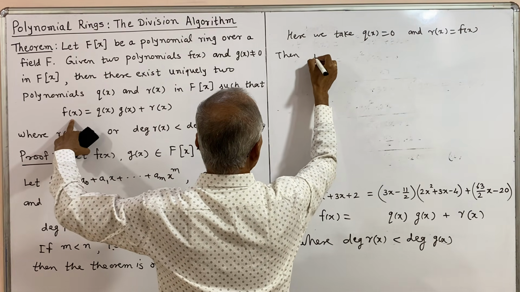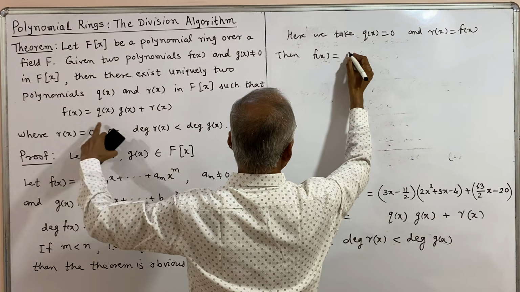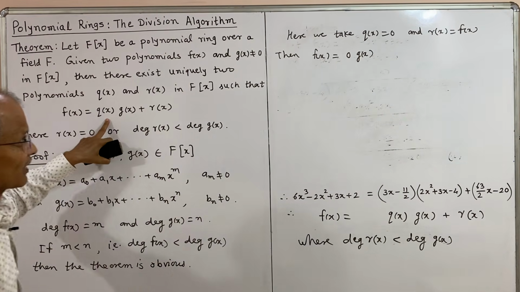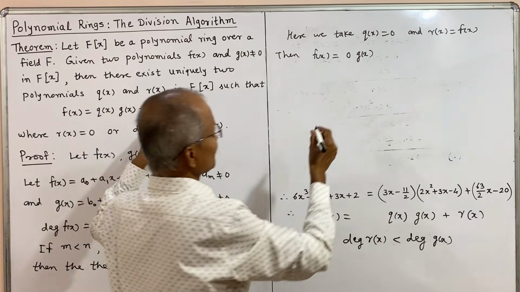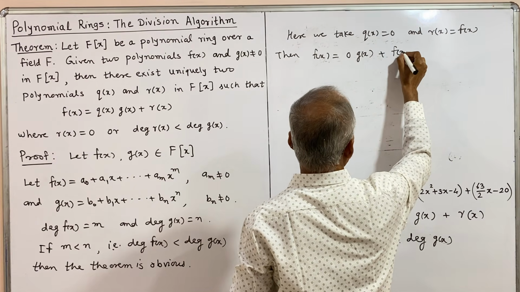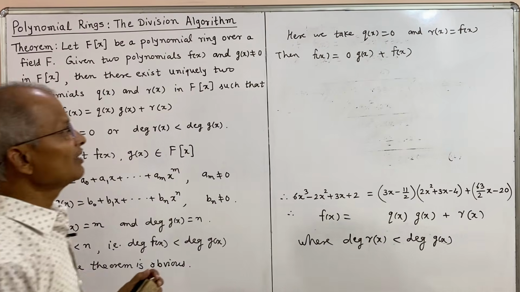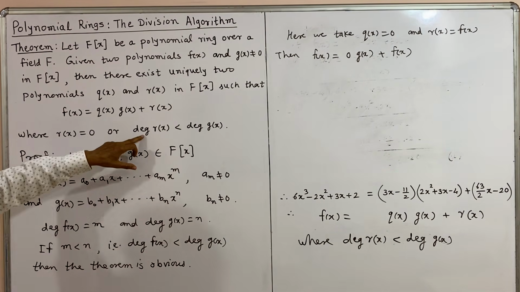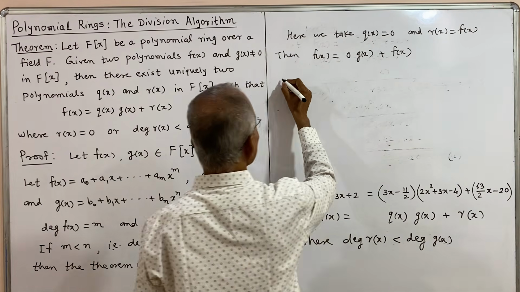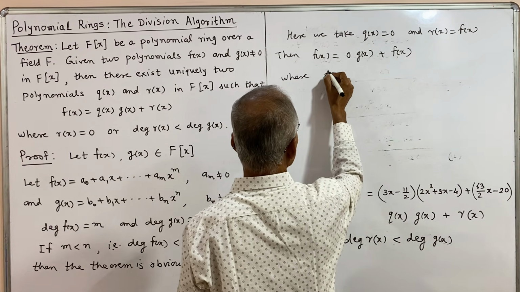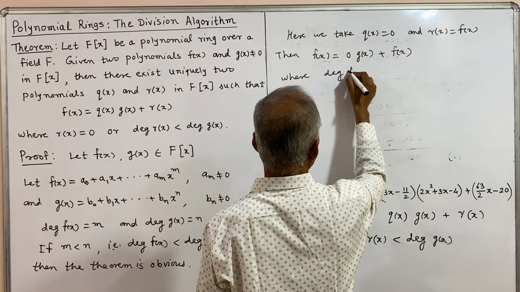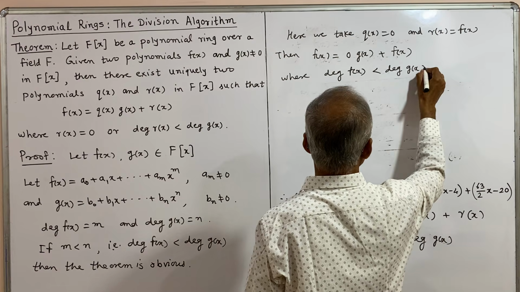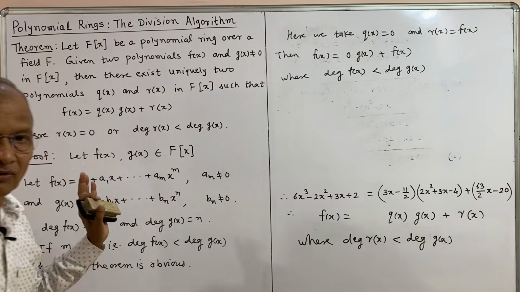Then f of x is equal to 0 times g of x plus f of x, where q is 0 and r is f, and the degree of r of x, which is f of x, is less than the degree of g of x, because the degree of f of x is less than the degree of g of x, and thus the theorem is verified.